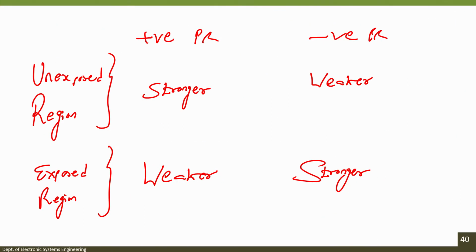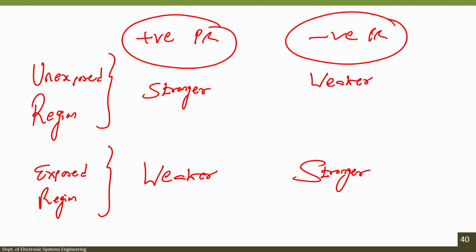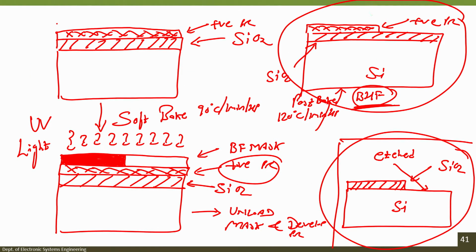So, if I repeat this step, you should always understand positive and negative photoresist and bright field and dark field mask. If you take a silicon wafer, grow silicon dioxide, spin coat positive photoresist, soft bake it at 90 degree centigrade for 1 minute on a hot plate, load the mask, this mask is the bright field mask, expose the wafer using UV light, then unload the mask, develop the photoresist in a positive photoresist developer, then you post bake it at 120 degree centigrade for 1 minute on a hot plate.